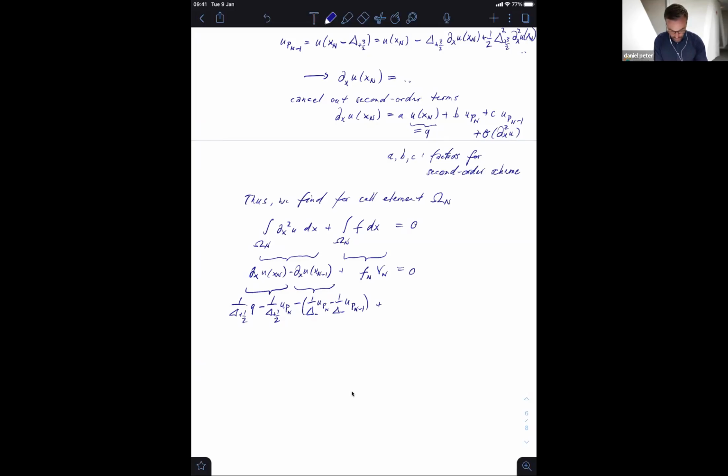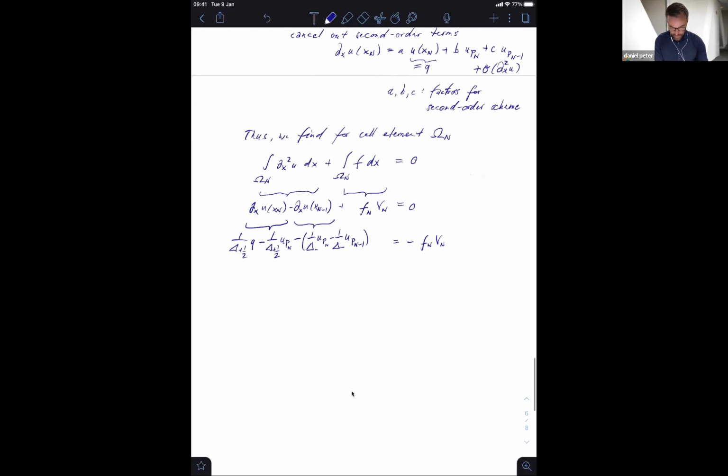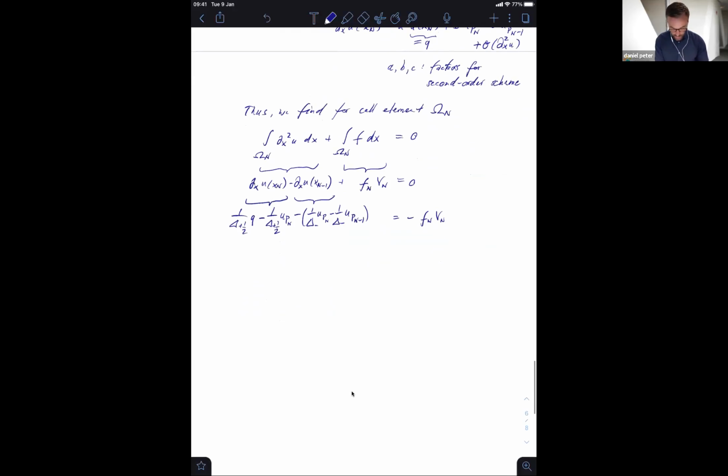And then, yeah, let's bring over the force term. It's minus Fn Vn. And so let's again think of the matrix form.